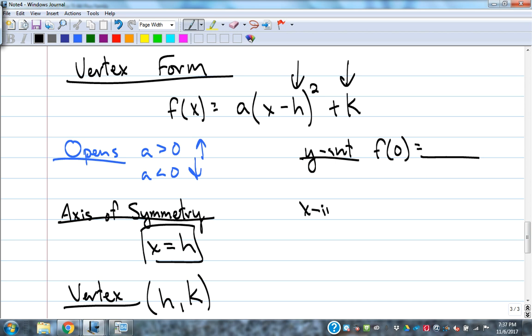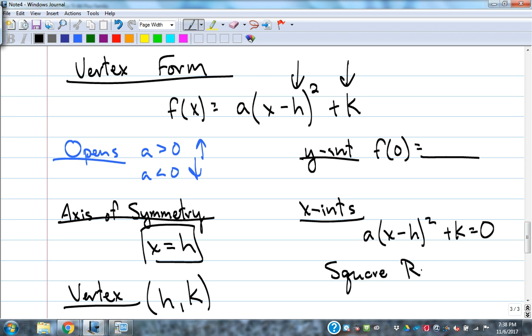The x-intercepts: take that thing and set it equal to 0. And I'm going to write square roots, because that's the way we want to solve it if it's in vertex form to start with.